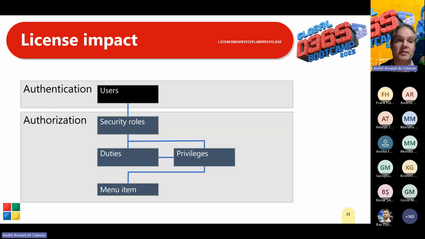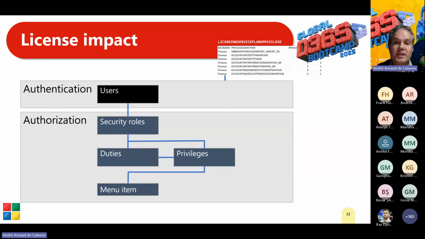So I will bring back a bit of the easy architecture picture, where this is not showing up correctly, but on a privilege level, there's a table in the backend managed in the application itself, and you can't change it, where each privilege is listed as a certain SKU.